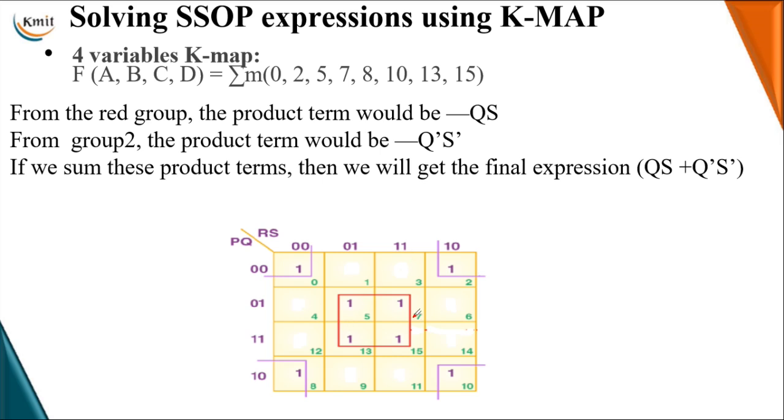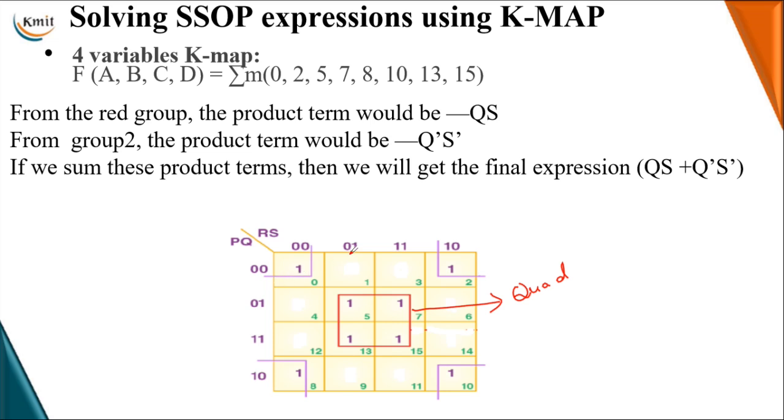This is group 1, which we indicated with the red one. The red square indicates a quad. So the first quad I have here has minterms 5, 7, 13 and 15. Next, let me move on to another one.